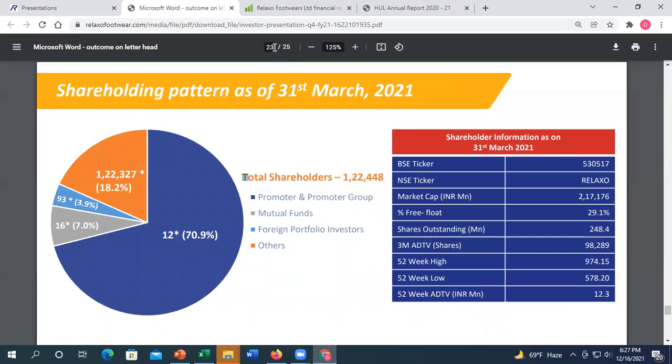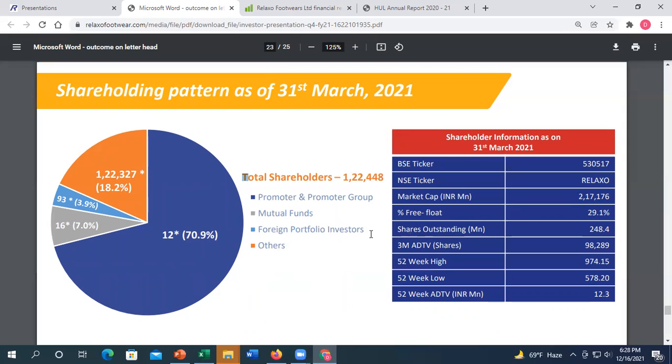Our focus may be on Zomato, Nykaa, Paytm, but companies like Relaxo have been creating wealth for the shareholder. About 70% of the shareholding is in the hands of the promoter and promoter group. It's a highly promoter-driven company, with a small percentage held by mutual funds and a very small percentage by foreign portfolio investors.